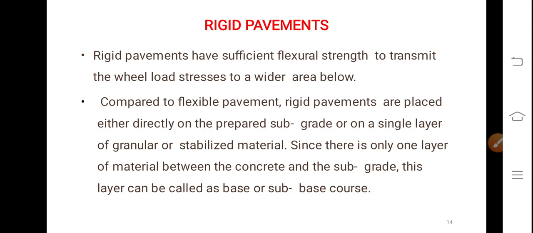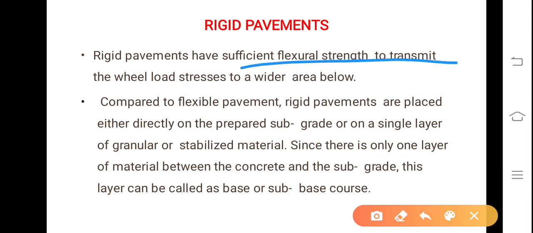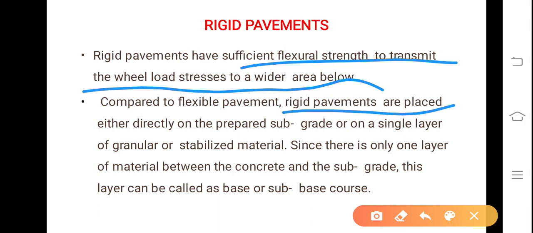Rigid pavements. Rigid pavements have sufficient flexural strength to transmit the wheel load stresses to a wider area below. Compared to flexible pavement, rigid pavements are placed either directly on the prepared subgrade or on a single layer of granular or stabilized material.